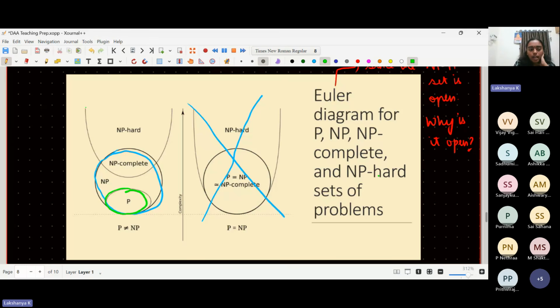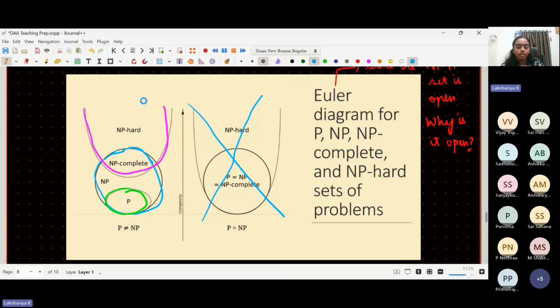Next, we have NP hard. It means different colors. NP hard is the hardest problems known. So if these pink problems are solved, all the blue and green can be solved. So if the definition was confusing you, maybe you can remember using the diagram. If any problem in the pink zone can be solved, then using that, all the problems in the blue and green zones can be solved.